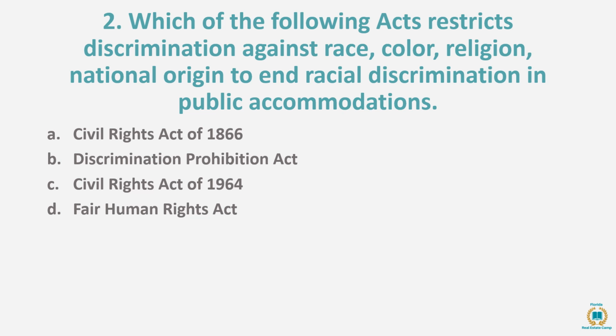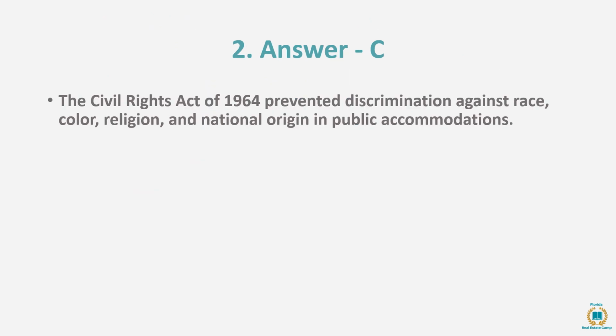C, Civil Rights Act of 1964? Or D, Fair Human Rights Act? The answer is C. The Civil Rights Act of 1964 prevented discrimination against race, color, religion, and national origin in public accommodations.